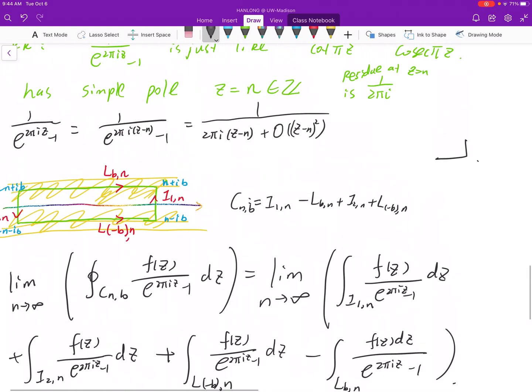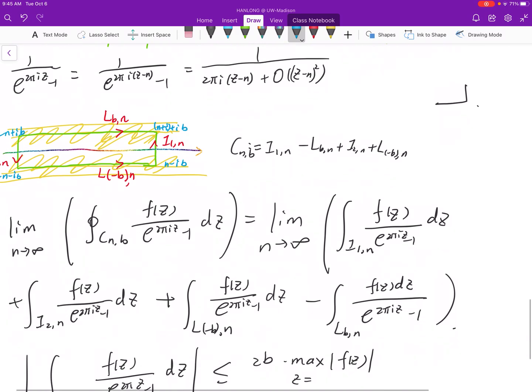Here you need to avoid the pole of 1 over exponential 2 pi i z minus 1. Therefore, you need to have m plus 1/2 plus ib, and here m plus 1/2 minus ib.